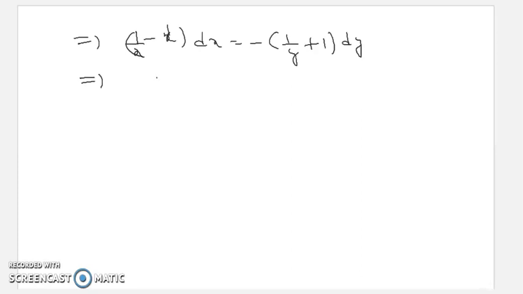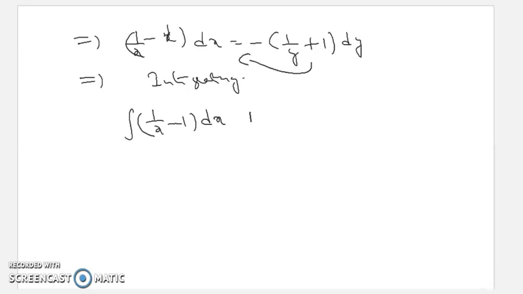Now integrating on both sides for solution. So integral 1 by x minus 1 into dx, this term can be transformed to this side, plus integral 1 by y plus 1 into dy is equal to c, where c is arbitrary constant for integration.